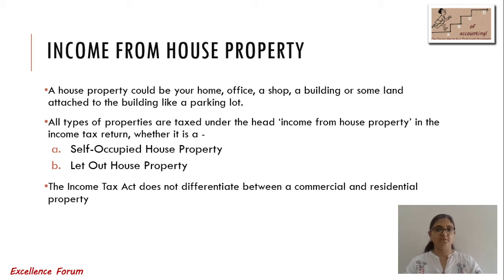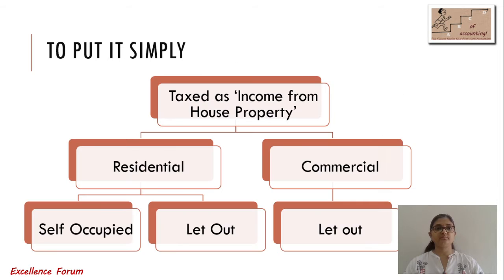So, whether it is a self occupied house property or a let out house property. Most importantly, the Income Tax Act does not differentiate between a commercial house property and a residential house property. So, to put it simply, in case of a residential house property, whether it is self occupied or let out, the income from it is considered to be income from house property.